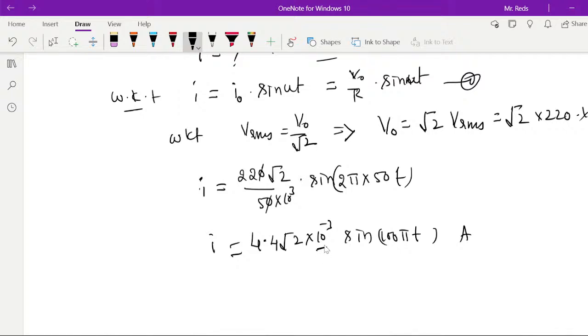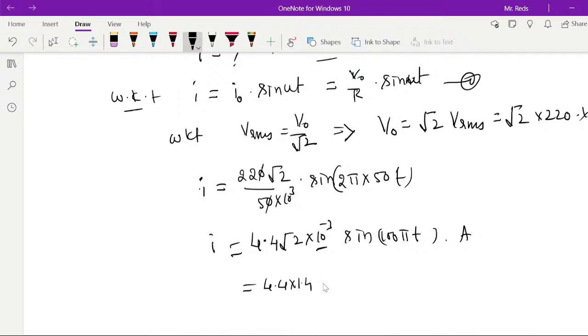This 10 power minus 3 has moved here, and it is mentioned as 4.4 root 2. Root 2 is substituted and simplified further. So root 2 is how much? 1.414.